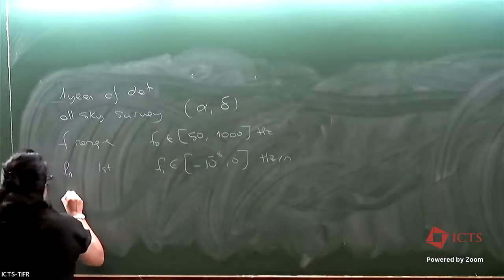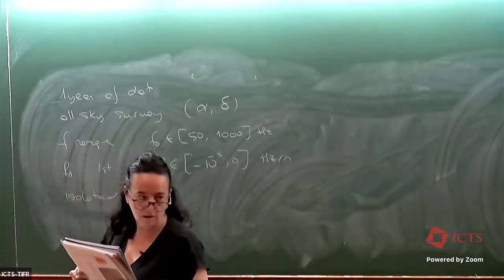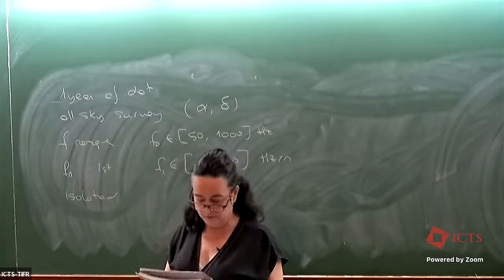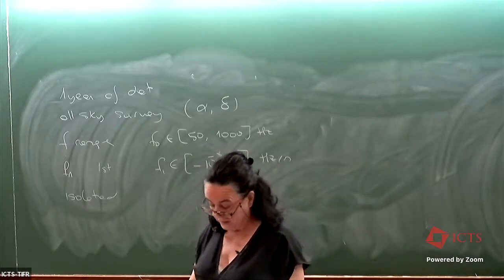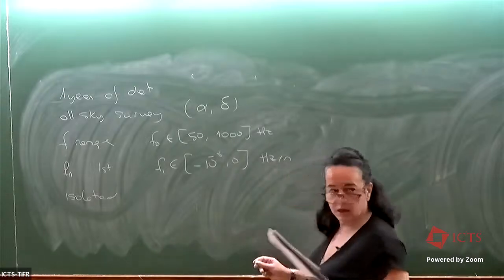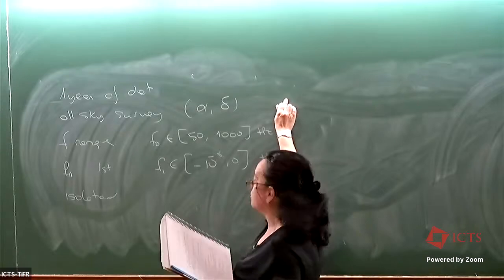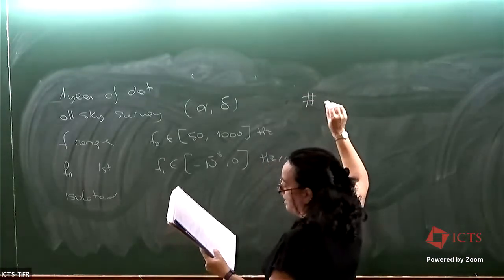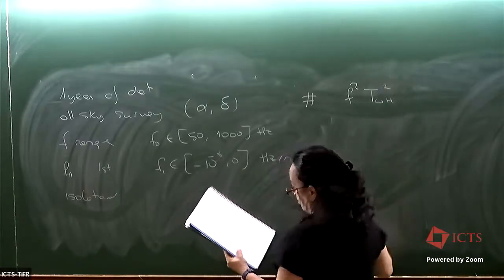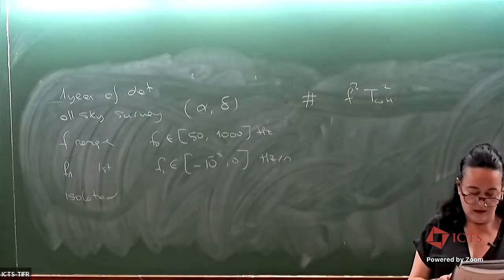And let's say that the source is isolated, because otherwise you have to introduce 3 more parameters if it's circular, and if not, it gets worse. Well, the number of sky locations scales like the frequency squared times the coherent time squared.